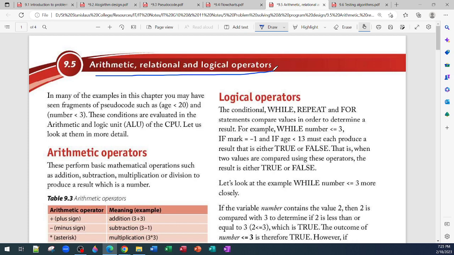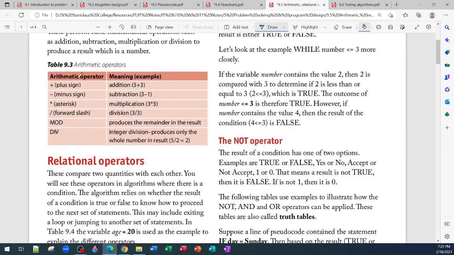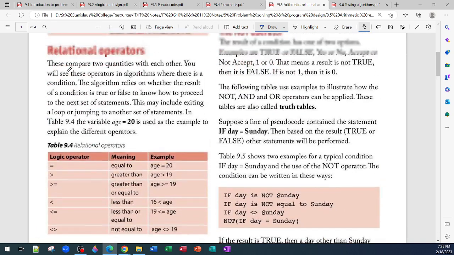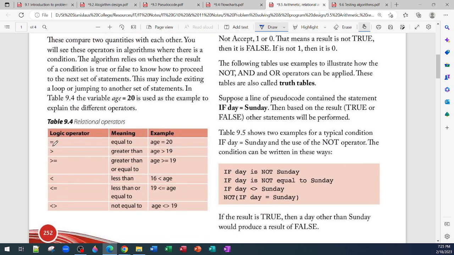These operators are also used in maths. You're supposed to actually know about them. The arithmetic operators are the common ones that you know about: addition, multiplication, division, and so on.